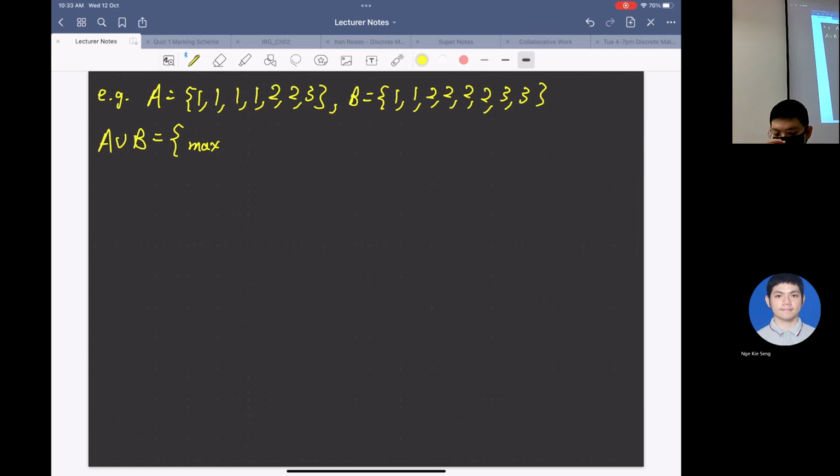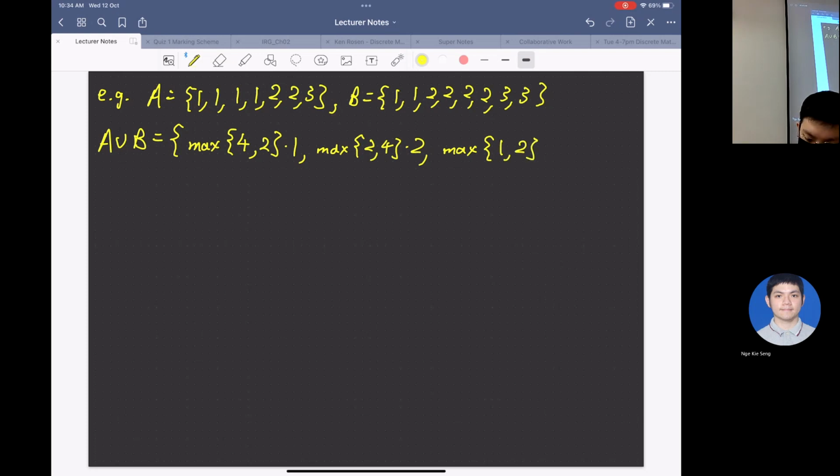So if you want to take a union, you take the maximum of the multiplicity appearing in either one of them. So first of them, in A, the number 1 appears 4 times. In B, it appears 2 times. And then how about 2? In the first one, it appears 2 times, and B appears 4 times. And then in the third one, A appears once, and B appears twice. Okay, so you take the maximum one.